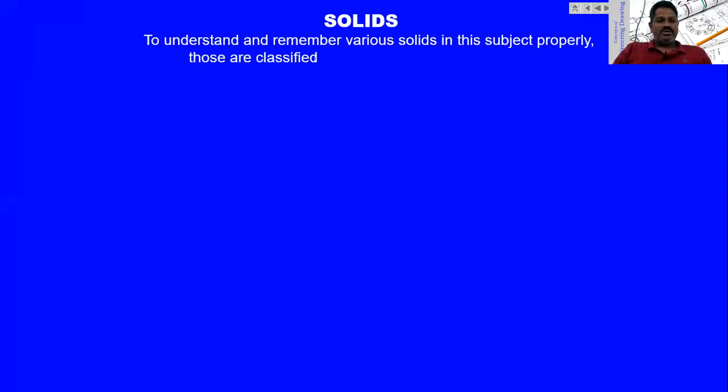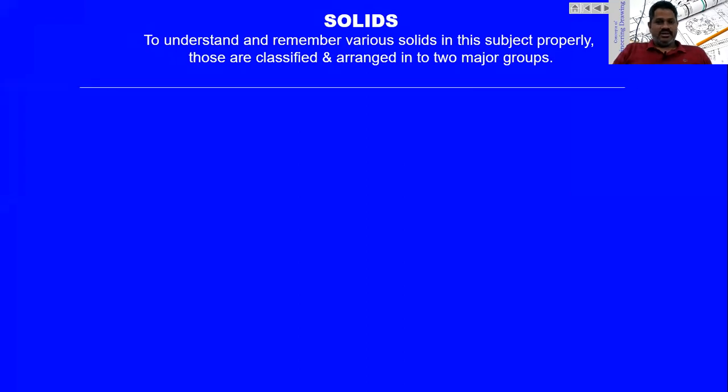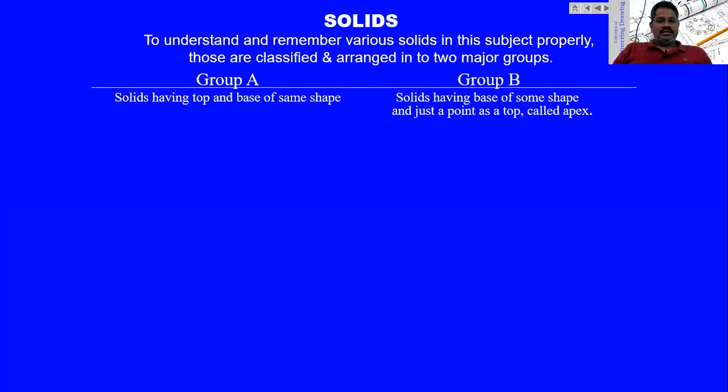Let us try to understand the terminology related to the solids, as well as the different types of solids. Basically, the solids are classified and arranged into two major groups, group A and group B. In group A, the top and base have the same shape.